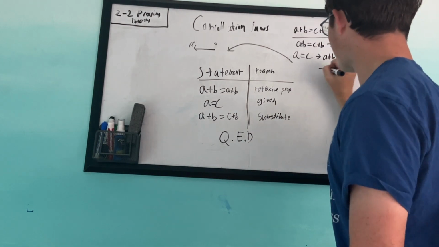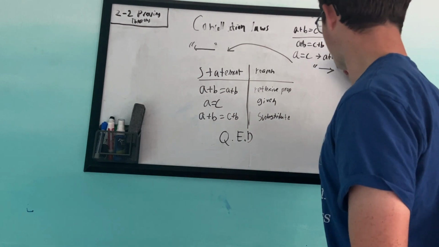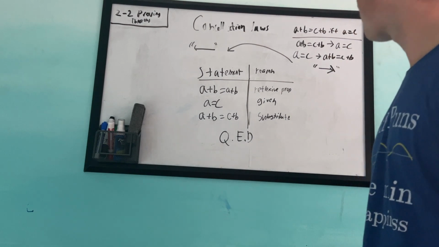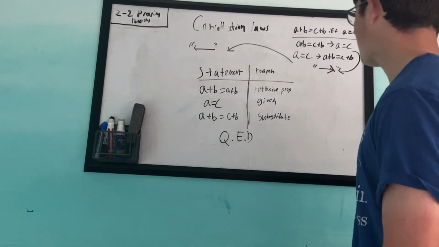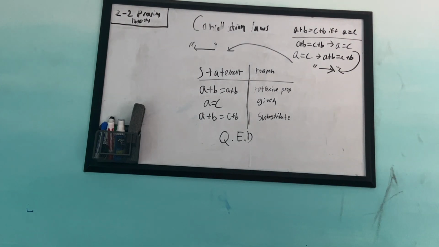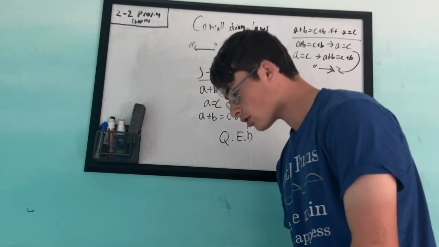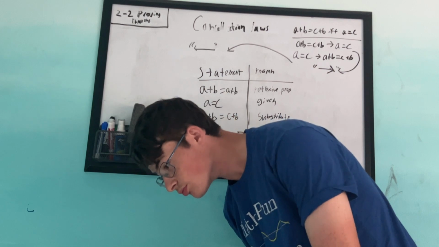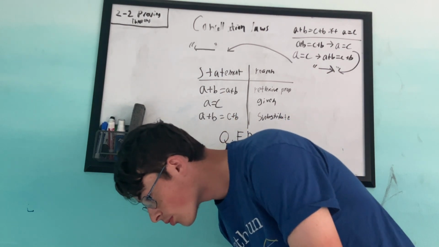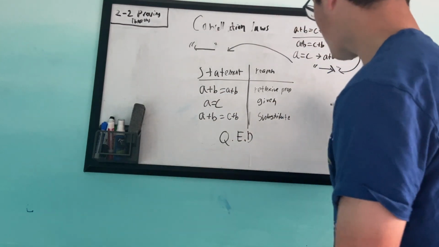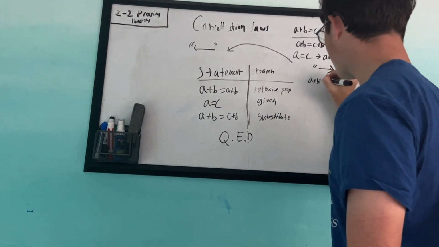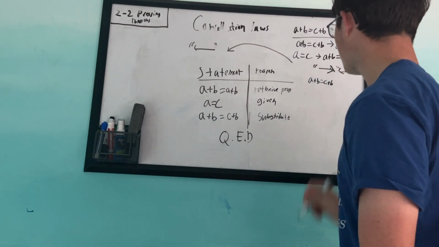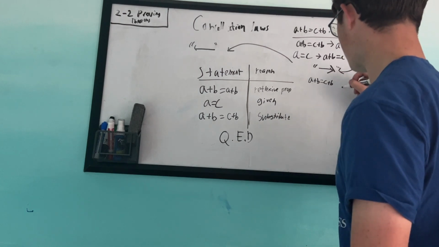And now we'll prove the initial way. So if we have A plus B equals C plus B, then A equals C. So we have A plus B equals C plus B, and we'll just use this as our given.